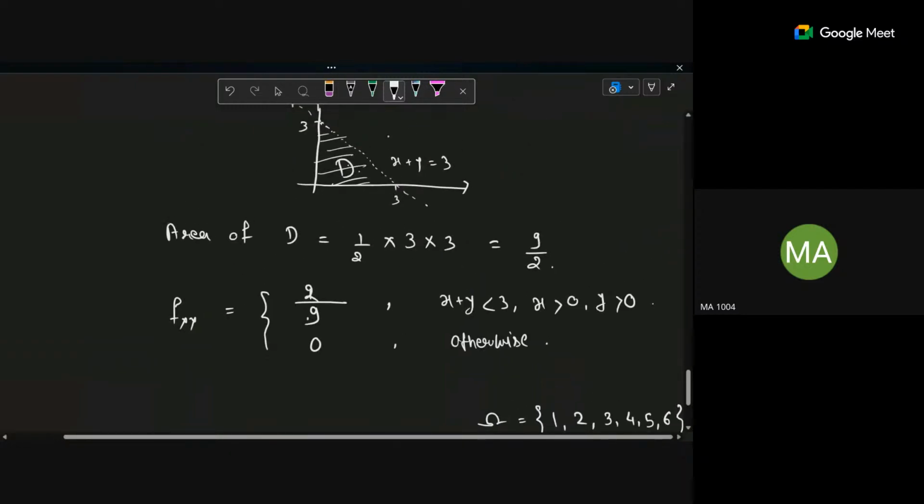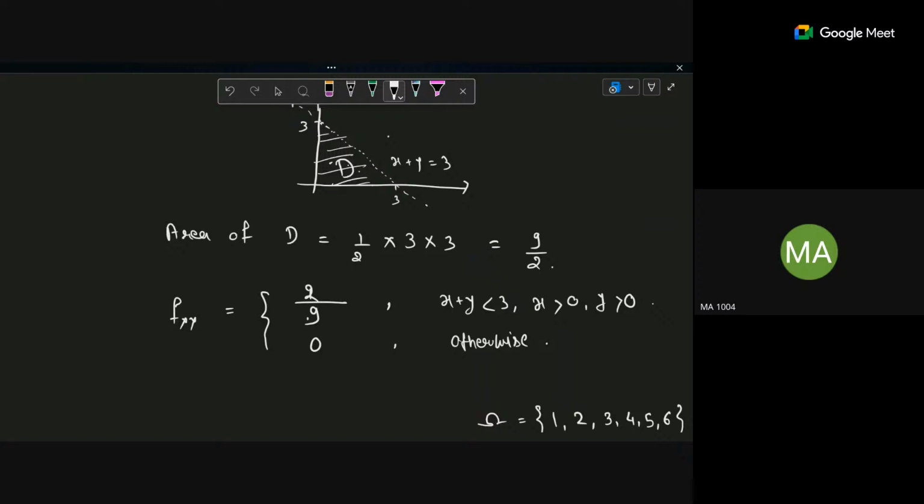Out of this area, you are choosing any 1 point. There are uncountable points inside this region D, right? And it is given that x and y are uniformly distributed over this region D. So what is the probability that you are choosing any particular point?